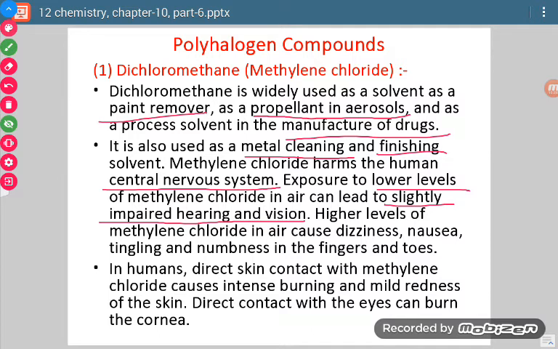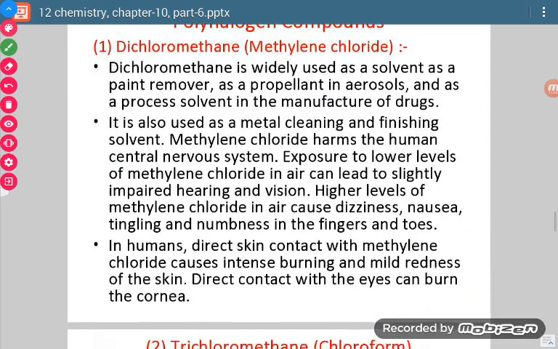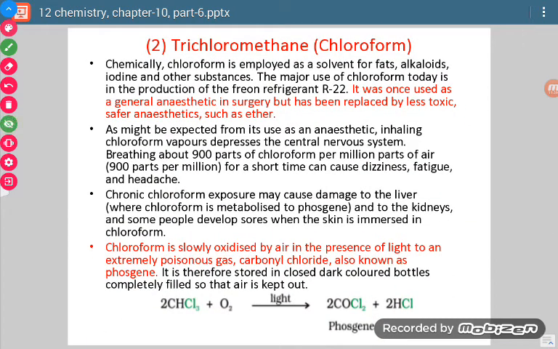If someone is exposed to higher levels, it may result in dizziness, nausea, and tingling and numbness in the fingers and toes. So it is harmful for human tissues. Direct skin contact may cause a burning sensation or redness in the skin, and if it comes in contact with the eyes, it may burn the cornea also. So it is dangerous for human beings, and direct touch should be avoided.